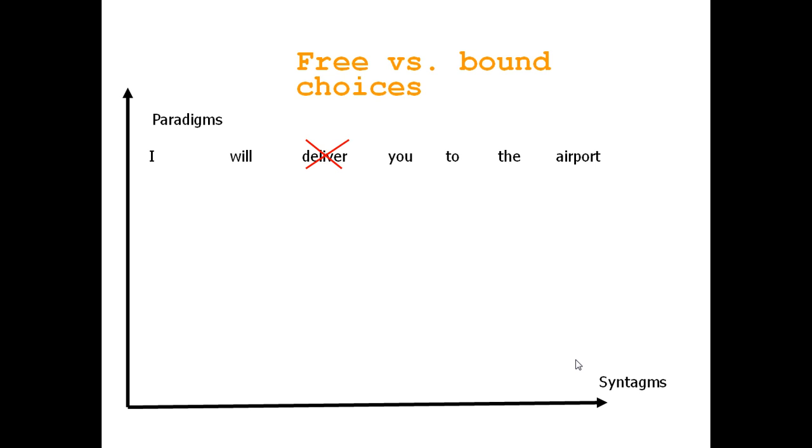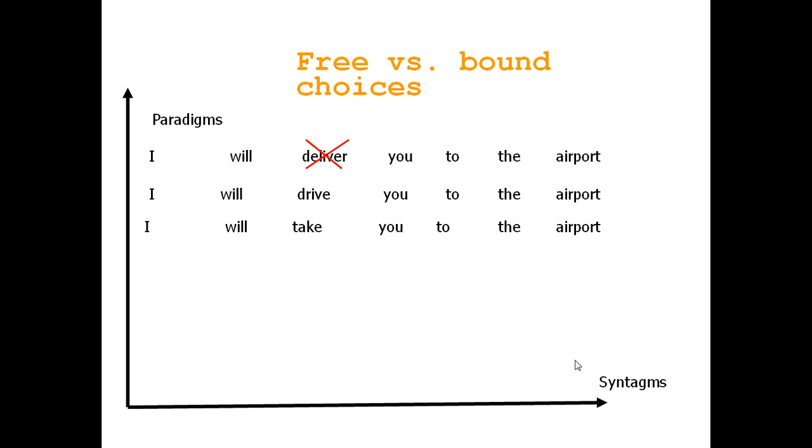You don't deliver a person to the airport. What do you do when you want to accompany someone to a particular place? You either drive them, or more generally, you take them there.